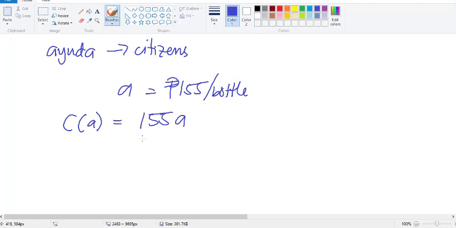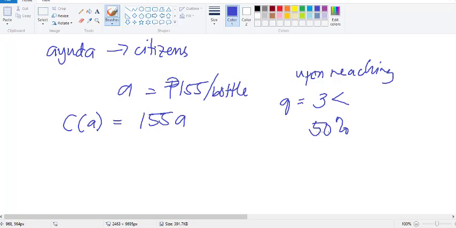Hindi siya piecewise function na meron pang ibang condition. Kasi for example, if the problem said that upon reaching more than 3 ang quantity na binili ng customer, there should be a 50% discount for the next bottles.